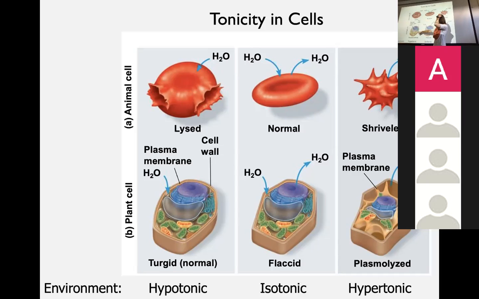So the idea is that a plant cell basically wants to be in a hypotonic environment. So it wants to have more solute inside the cell than there is outside. That means water is going to be coming in. So water is moving towards where there's more solute, towards the hypertonic area. So inside the cell would be hypertonic, and the environment around it is hypotonic.